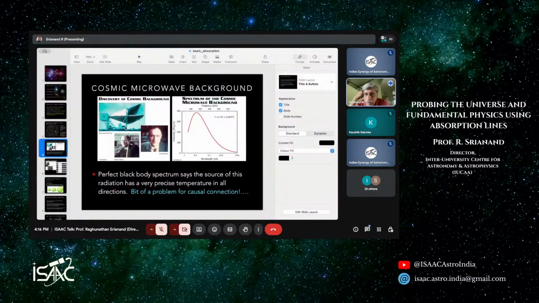What is the problem? That means the portion of the sky in the north should know how the portion of the sky in the south has behaved in this equilibrium. That means the physics of this equilibrium is known to every bit of our universe. So this is the interesting problem.